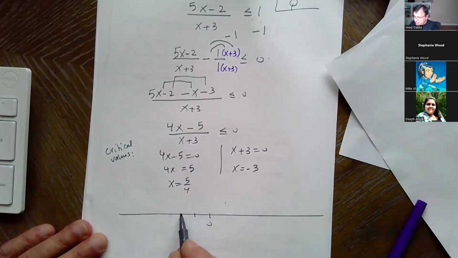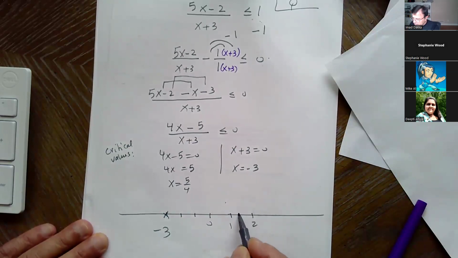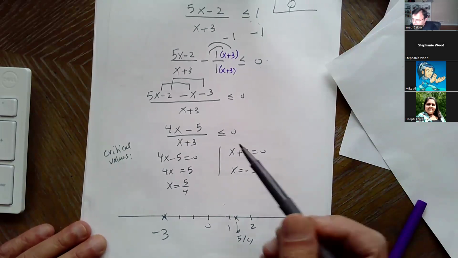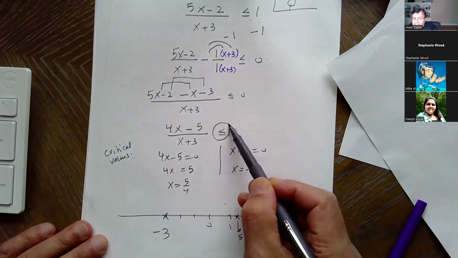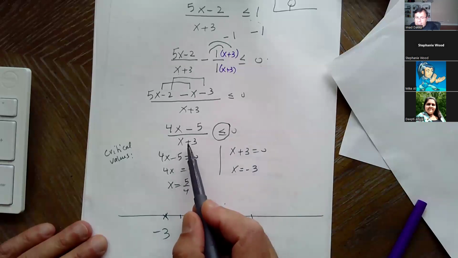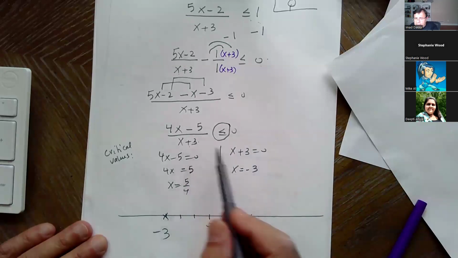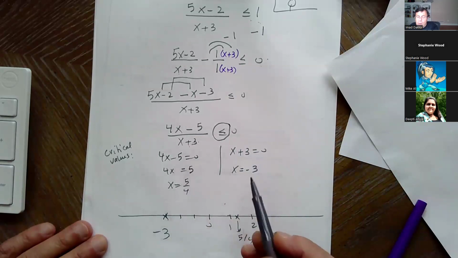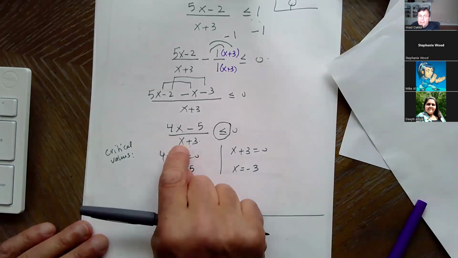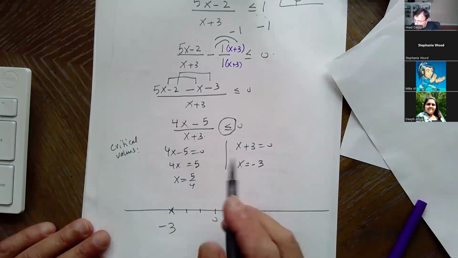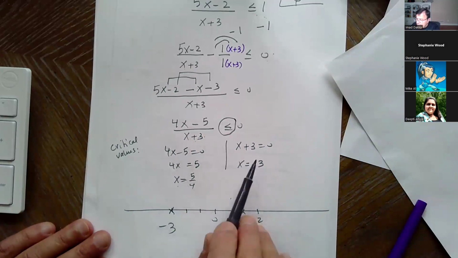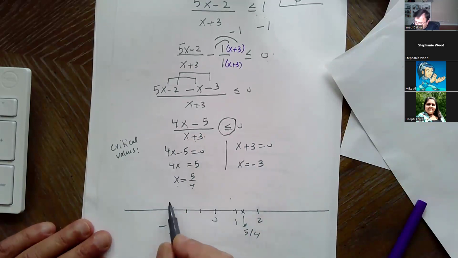Negative 3 is 3 units to the left of 0. 5 over 4 is 1 1/4. And we will use brackets because it's less or equal, except where the denominator is 0. The x plus 3 equals 0 and x equals negative 3. Why? Because if we put a negative 3 in there, it's undefined. So we're going to put a bracket at 5 over 4, but parentheses at negative 3.